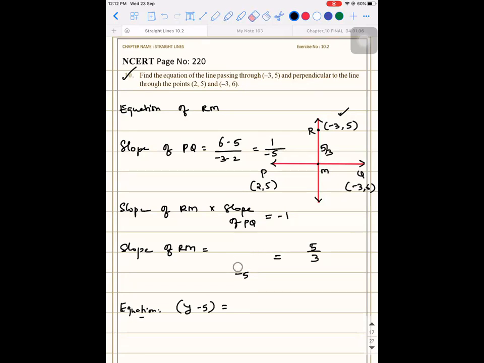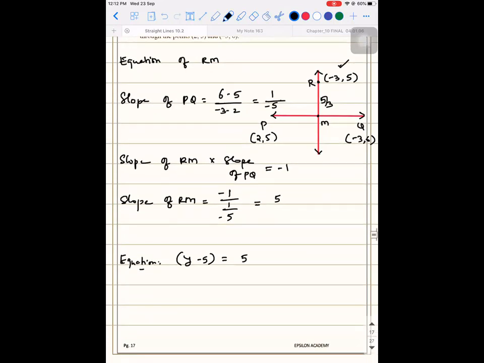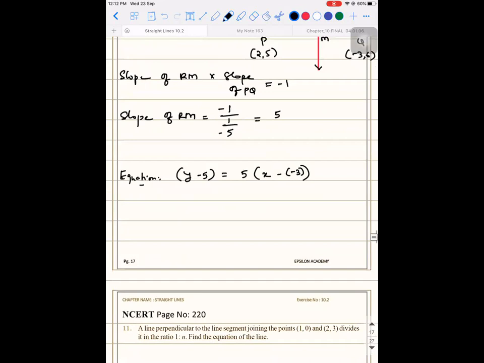Then this will be how much? 5. So y minus y1 is equal to m into x minus x1. So y minus 5 will be equal to 5x plus 15. So 5x minus y plus 20 equals 0.